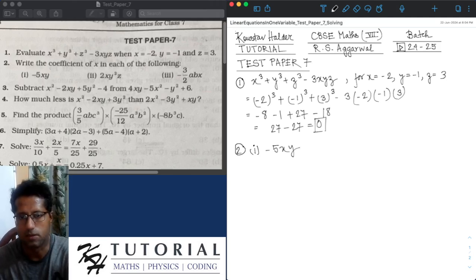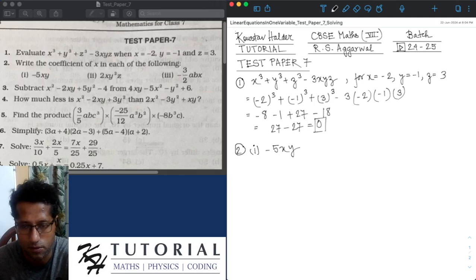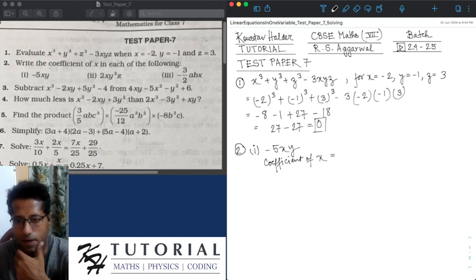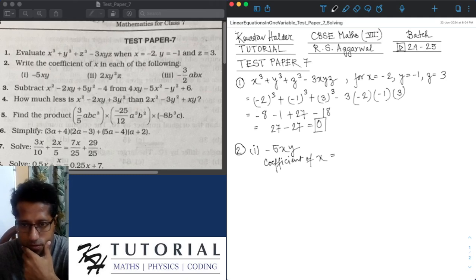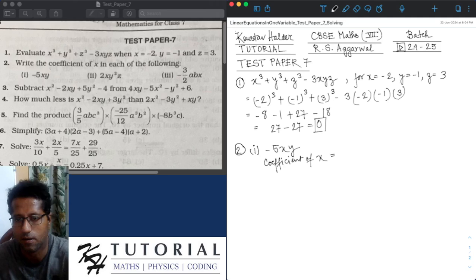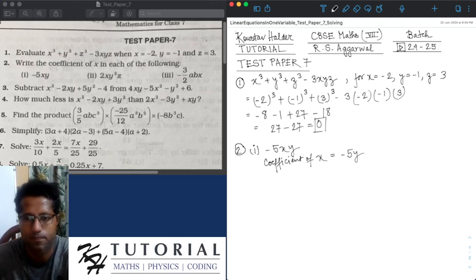We know that the coefficient of x in this term will be everything that is left if we remove x from this term. If you ignore x, whatever remaining is the coefficient, that is minus 5y.